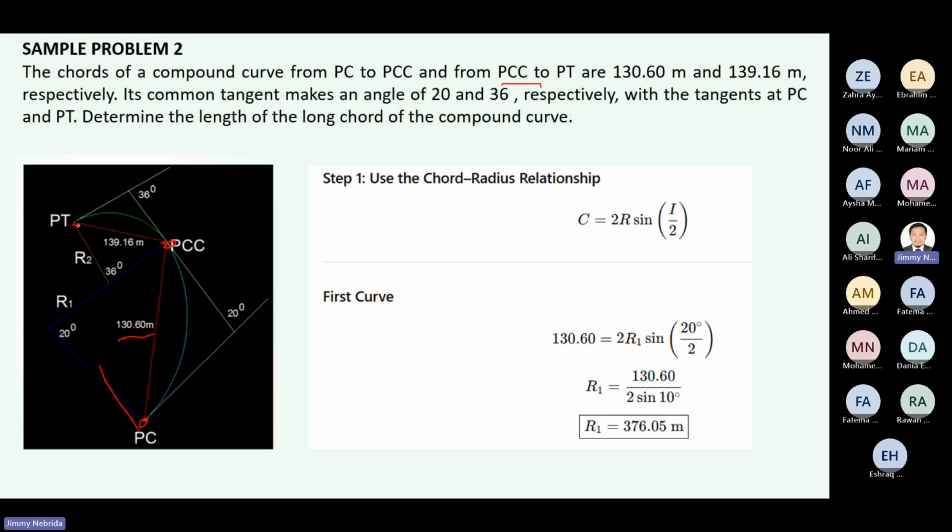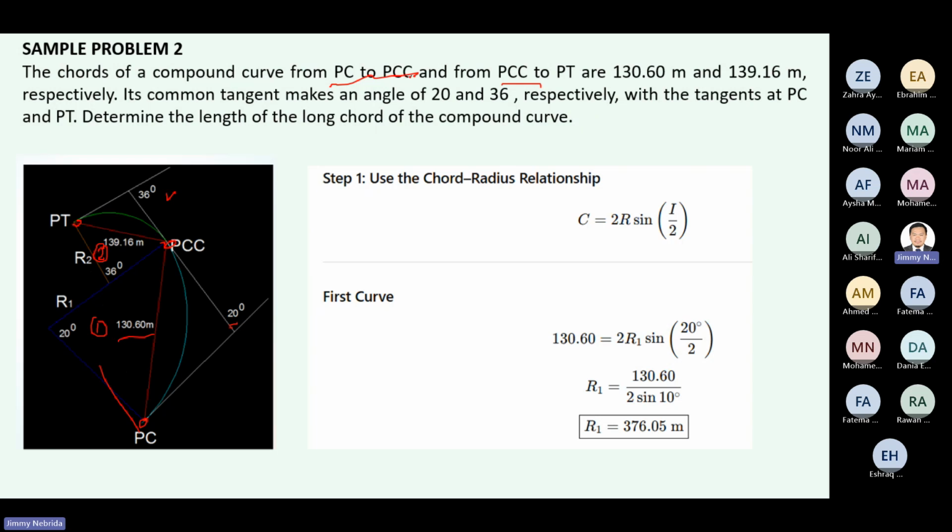Going here to here. These are the chords of curve number 2 and curve number 1. All right. Its common tangent makes angles of 20 degrees and 36 degrees respectively. So you see here, 20 degrees and 36 degrees respectively.